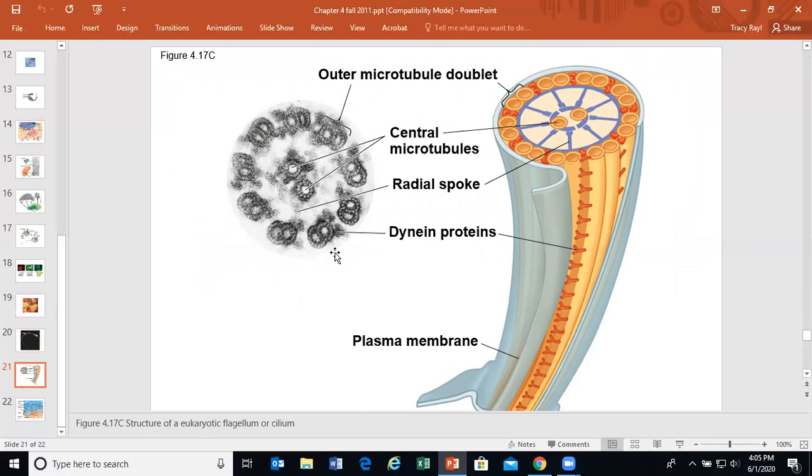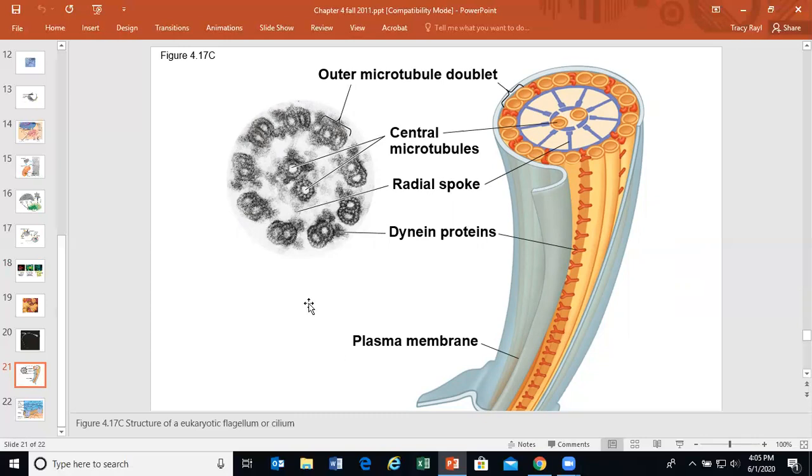And in this cross section here, you can see that arrangement. So the 9 is 9 pairs of microtubules around the outside. So if I count starting here, 1, 2, 3, 4, 5, 6, 7, 8, 9. Then 2 individual microtubules in the middle. So 9 pairs around the outside, 2 individual ones in the middle.